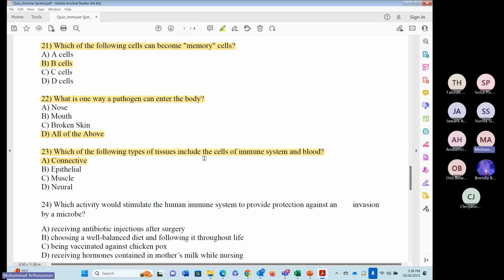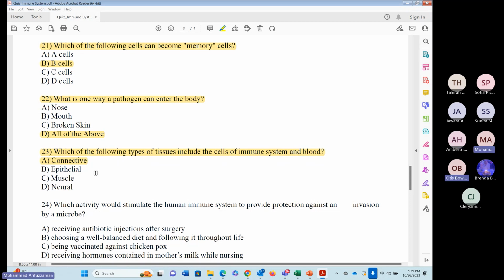Because you can see here, cells of the immune system are mostly white blood cells, and blood is a special type of connective tissue. Epithelial tissue covers and protects our body, like the epithelial tissue present in the skin and the lining epithelium of the digestive and respiratory systems.